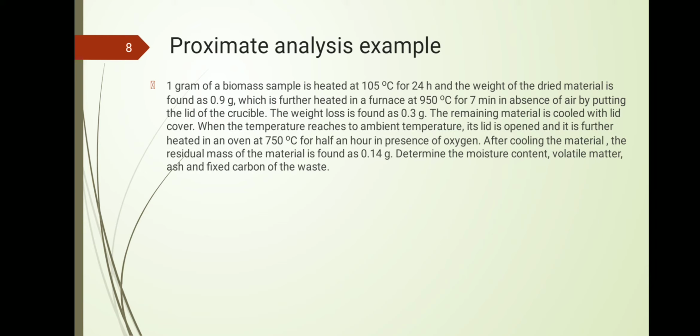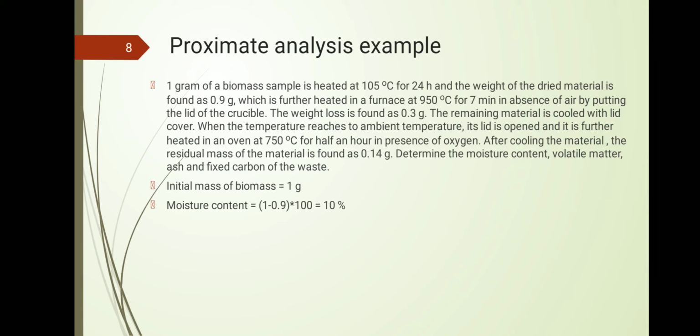So what will be the moisture percentage? After moisture determination the weight is 0.9, so that means 0.1 was lost. The initial mass of biomass is 1 gram. The moisture content will be 1 minus 0.9, that is 0.1, in 1 gram. So divide by 1 and multiply by 100. So 10% is the moisture.